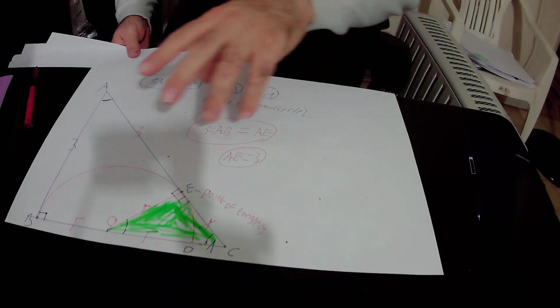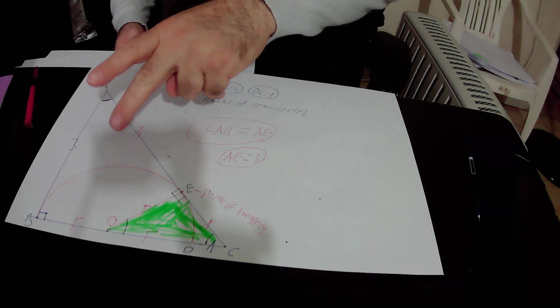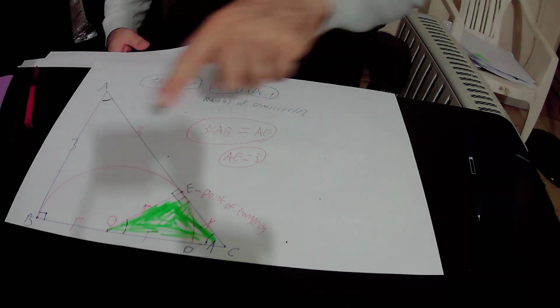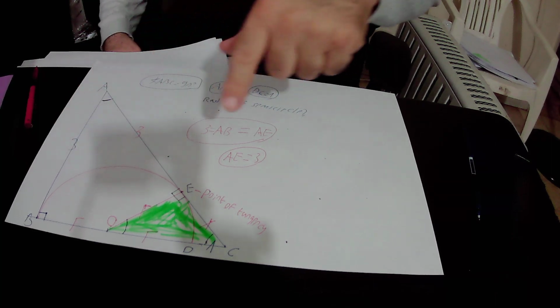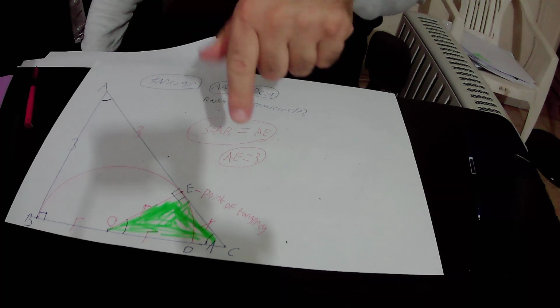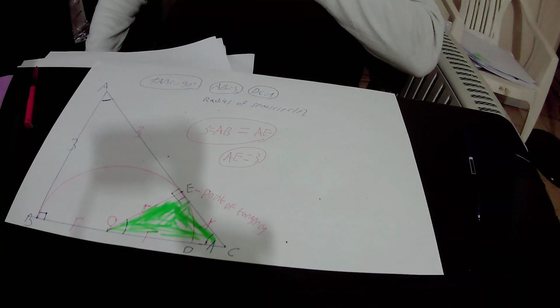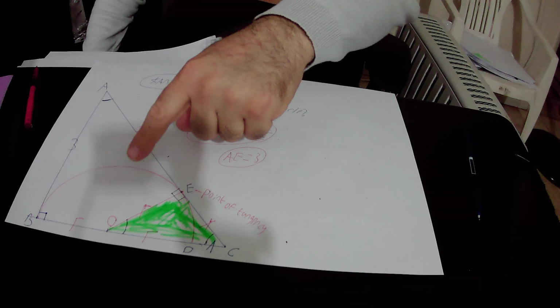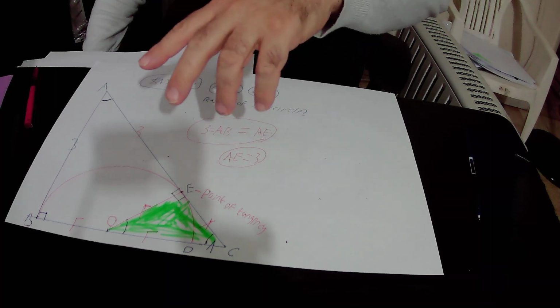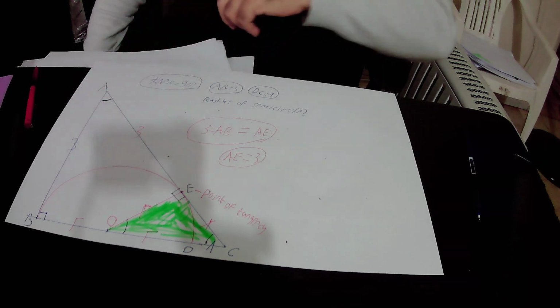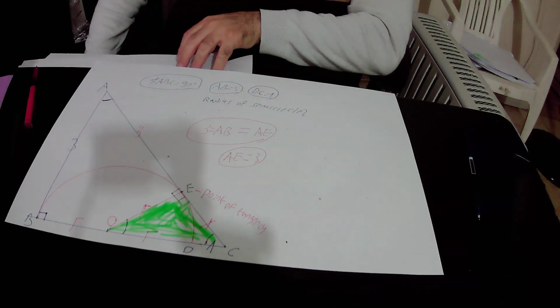We know that triangle ABC is a right triangle because angle ABC equals 90 degrees, side AB of triangle ABC equals 3 units, and the line segment DC equals 1 unit. The semicircle is inscribed by triangle ABC, and we want to find its radius.